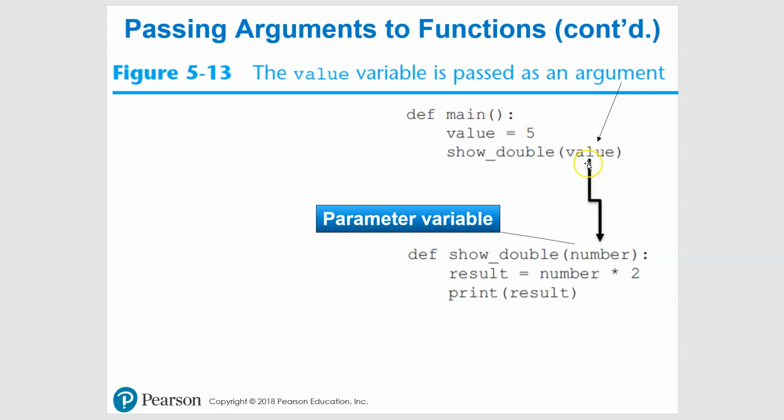It comes down and is sent into the parameter variable right here, number, and then number is used through here. Okay, so as you see, if you reference value in the function, it's not going to work, because we passed it as an argument, it came through here, was passed into this parameter, and now it's being referenced as number.